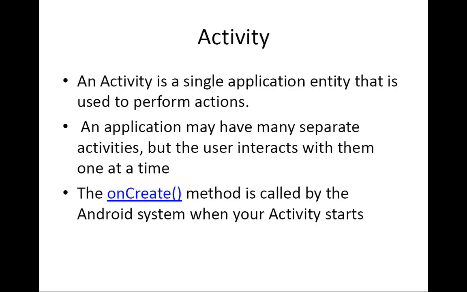An application can have many separate activities around, but users would generally interact with one activity at a time. And onCreate is called whenever the Android system will start that particular activity.